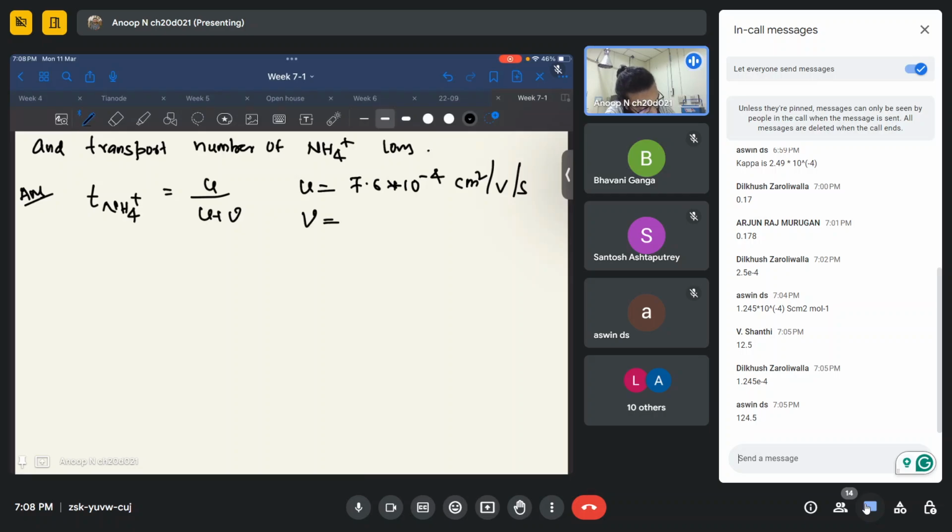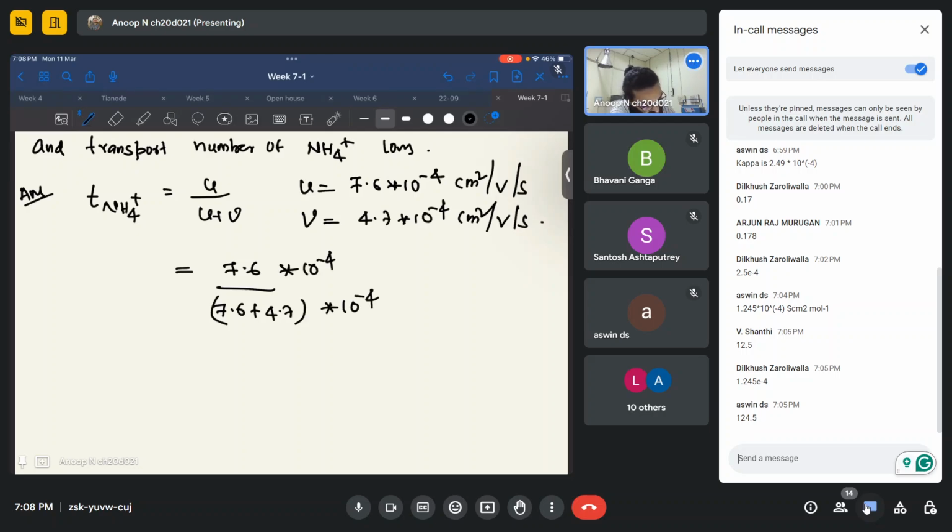Second, where V is equal to 4.7 into 10 raised to minus 4 centimeter squares per volts per second. So here T NH4 plus can be written as 7.6 divided by 7.6 plus 4.7. So I take the common 10 raised to minus 4. So the answer will be 0.618.